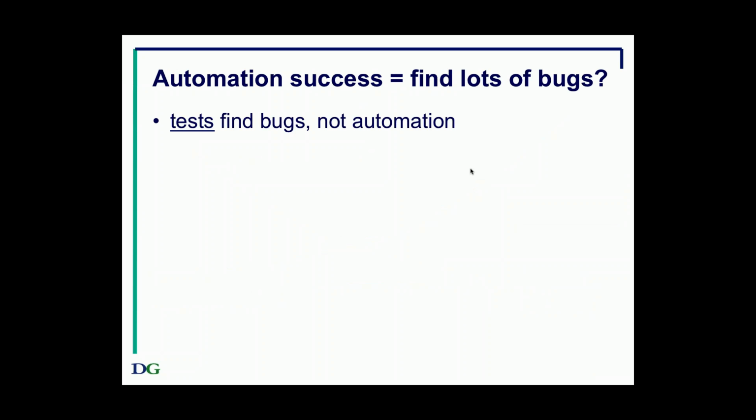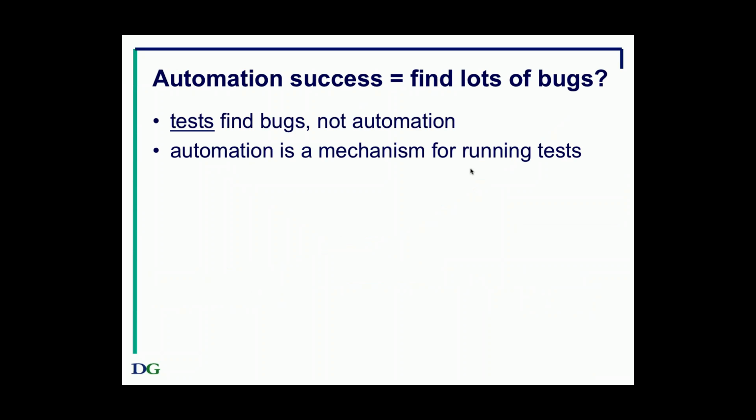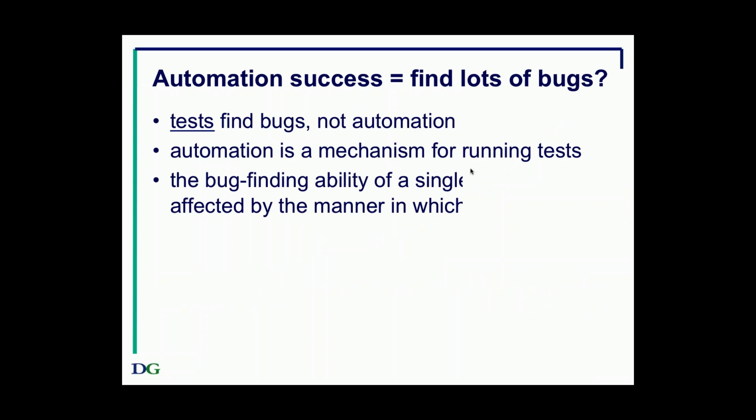It's not automation that finds bugs. It's tests that find bugs. So if you think that automation is going to find you lots of bugs, it's not going to work. Automation is a mechanism for the execution of the tests, for the running of the tests.